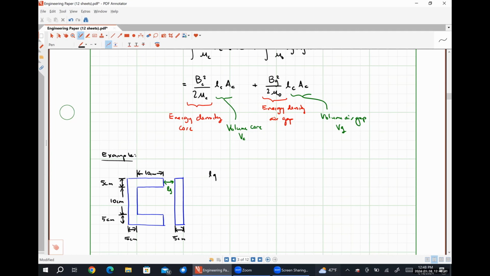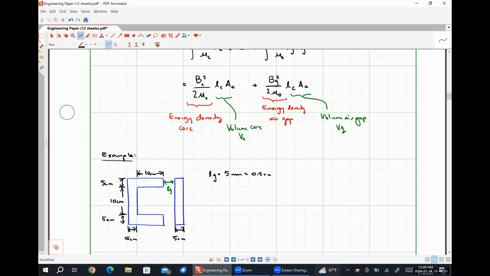So let's say that LG is 5 millimeters, or half a centimeter. Before we get into the other details, because we're going to wind up using our core length, our gap length, our core area, and our gap area, and all of that kind of stuff, let's go ahead and calculate those really quickly.